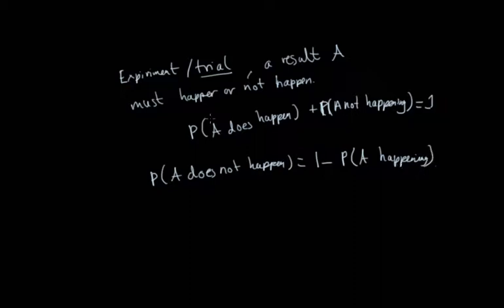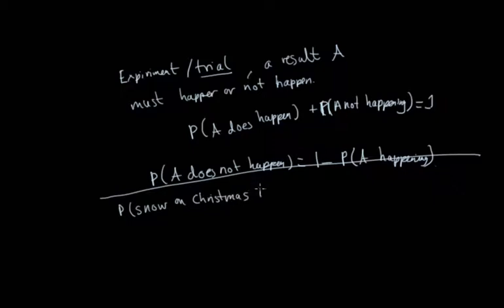So let's use it in an example. The probability that it will snow on Christmas Day is 0.15.